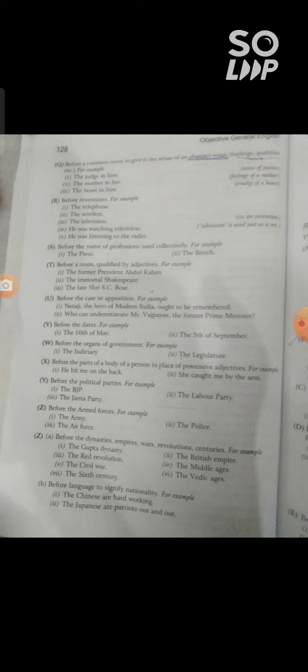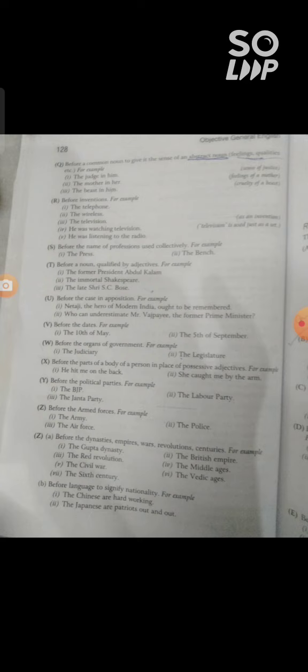The Subhash Chandra Bose we don't say, the Shakespeare we don't say. But these nouns are qualified by the adjectives, former, immortal, late, so that's why we use the article. Generally we don't use the article before proper nouns, but proper nouns which are qualified by an adjective, then we use the article. That is the rule here.